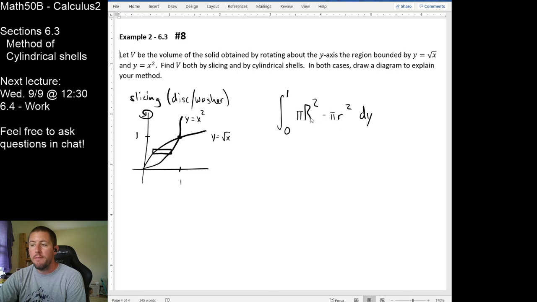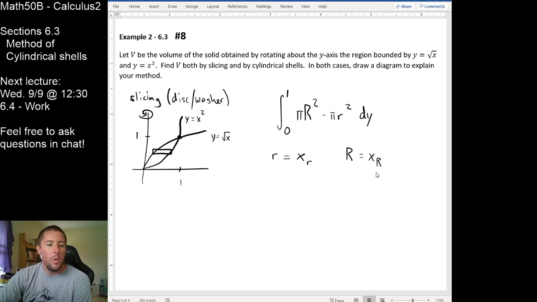All we've got to do is find r in terms of y. Let me call little r x sub r, and capital R, I'm going to call x sub capital R. We want to recognize that these x's are coming individually from these two functions over here.